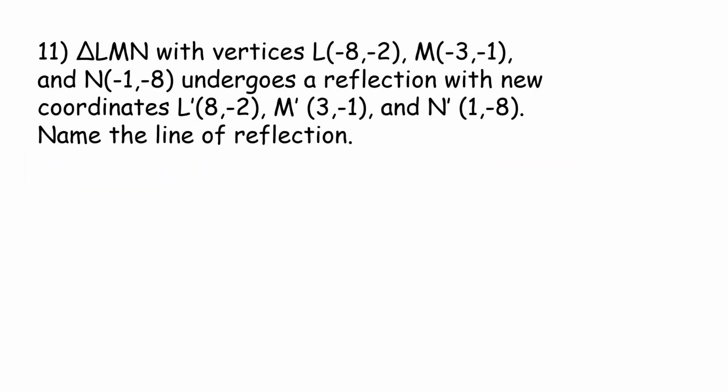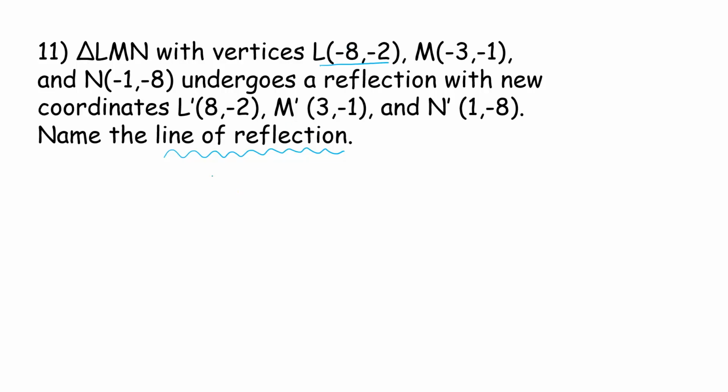All right, so let's see. This one says I'm given point L is -8, -2, M is -3, -1, N is -1, -8. And it undergoes a reflection with these new coordinate points. And then I'm supposed to name the line of reflection. So I'm deciding, is it going to be the x-axis or the y-axis that we are reflecting across?